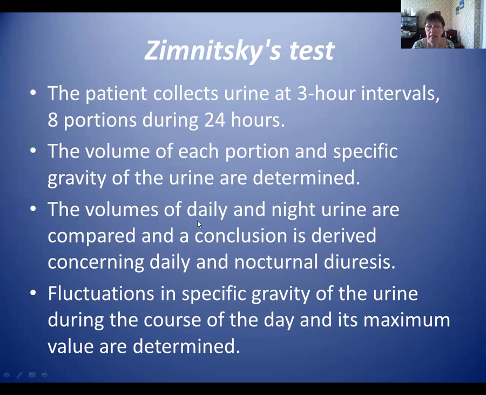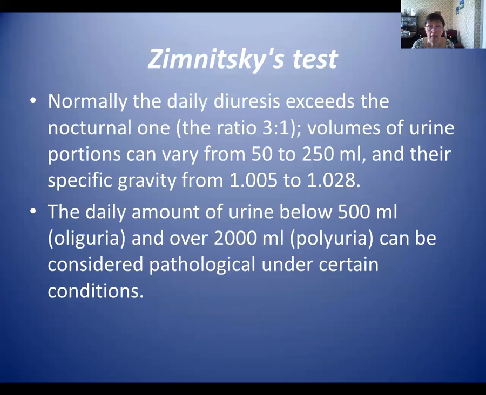The volumes of daily and night urine are compared, and fluctuation of specific gravity during the course of the day. Here are normal values for the Zimnitsky test. You see that the ratio between daily and nocturnal diuresis should be 3:1.